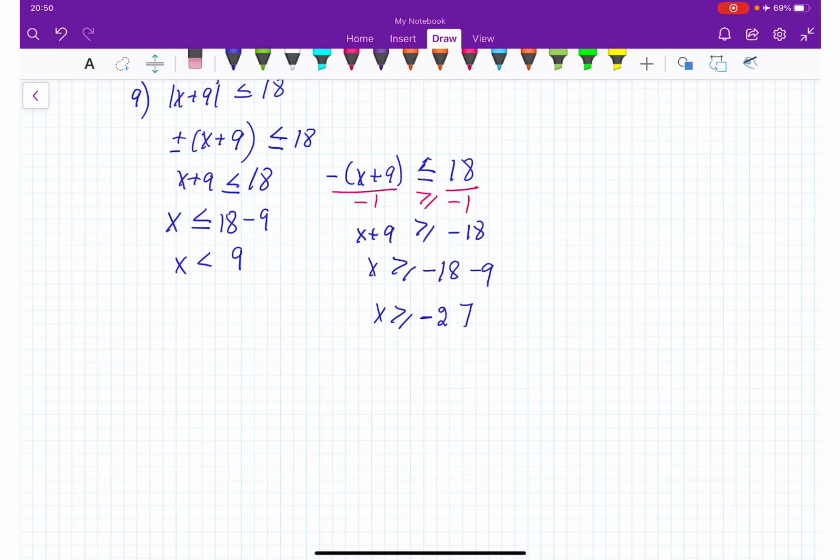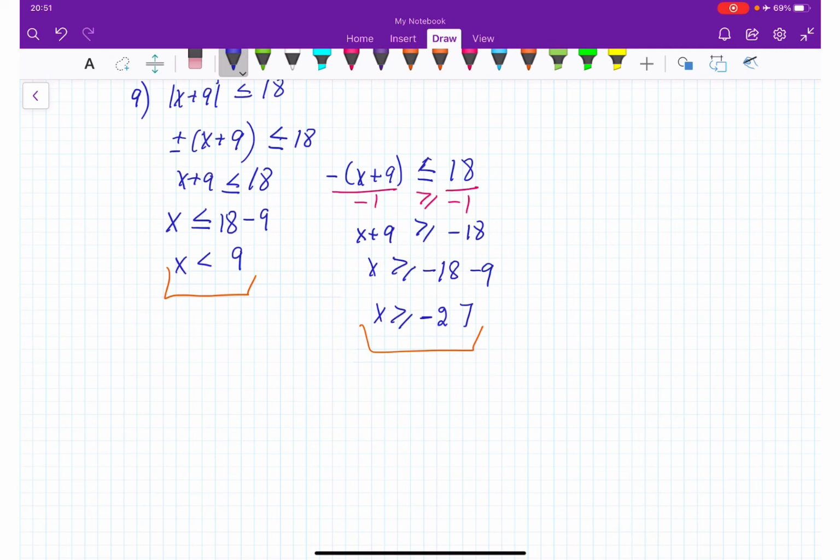So we got x is less equal 9. x is greater equal negative 27. So it's going to be between negative 27 and 9, right? So we get x between negative 27, which is going to be square brackets, right?